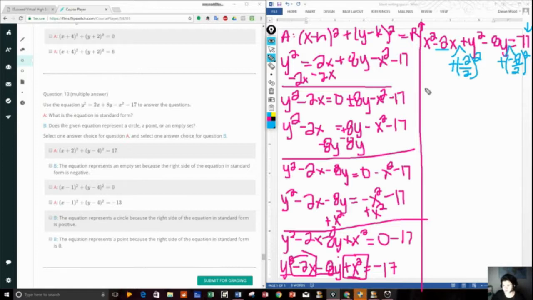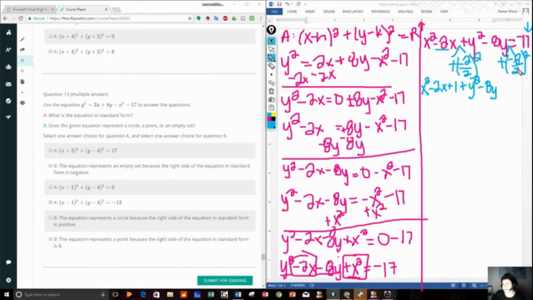And so we're going to end up with x squared minus 2x plus, well, minus 2 divided by 2 is minus 1. Minus 1 squared is 1. So then we have plus y squared minus 8y.